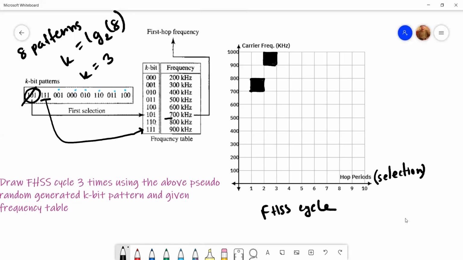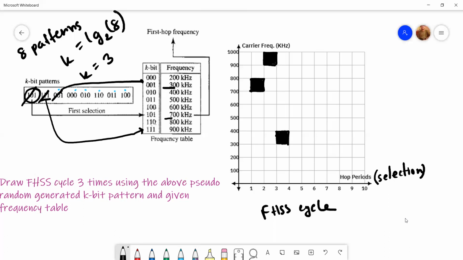Then 900 is gone. Then the third selection should be 001. For the 001, we are going for the 300 kilohertz. So the third selection is here, and my 300 kilohertz is over. In this way, you're going to repeat the same steps again and again.